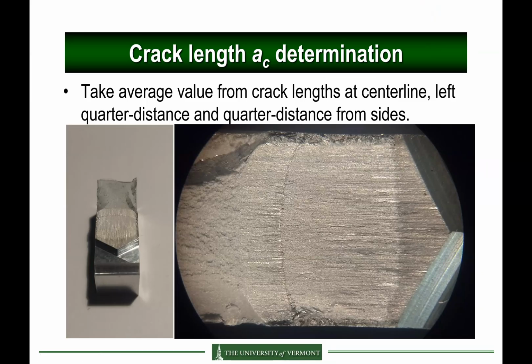So here's an example from our Lab6. This is our actual specimen broken. You can see here the crack initiation, the 5 millimeter marks here, then the 10 millimeter marks here, and here the dull part is actually our K1C experiment.